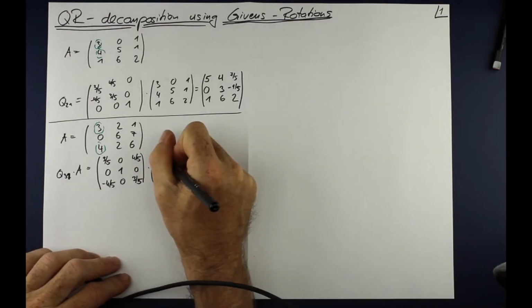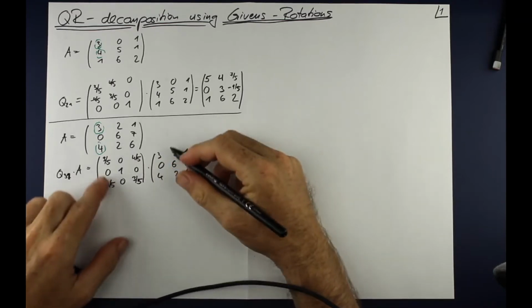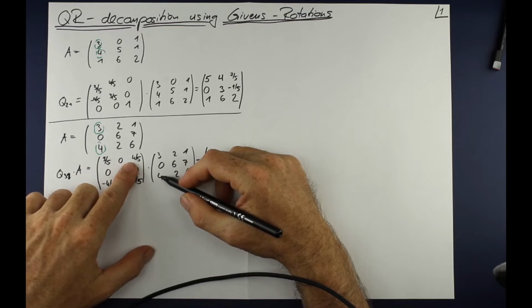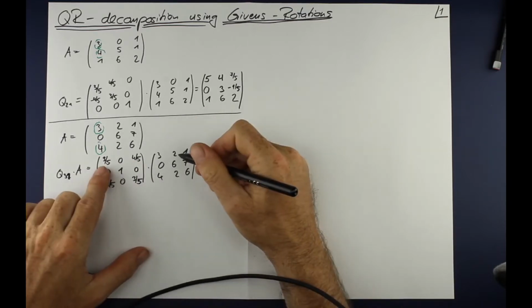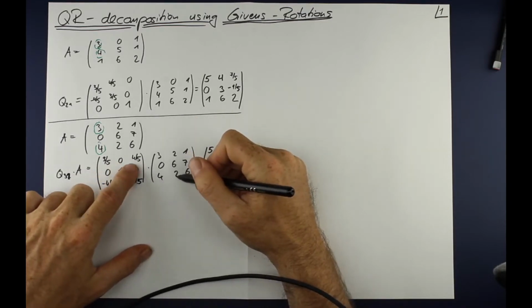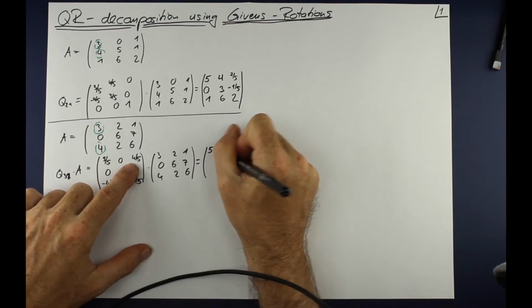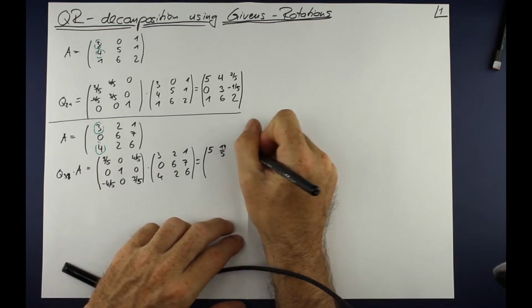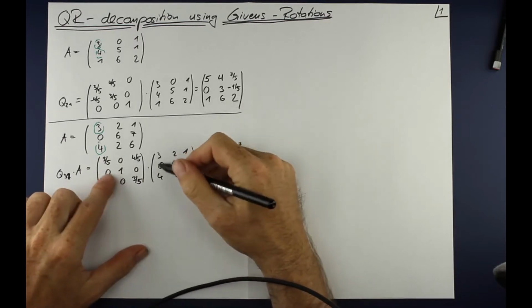Let's multiply with A. So here 9 divided by 5, 16 divided by 5, which is 5. 6 divided by 5 plus 8 is 14 divided by 5. 3, 24 is 27. Second line is kept.